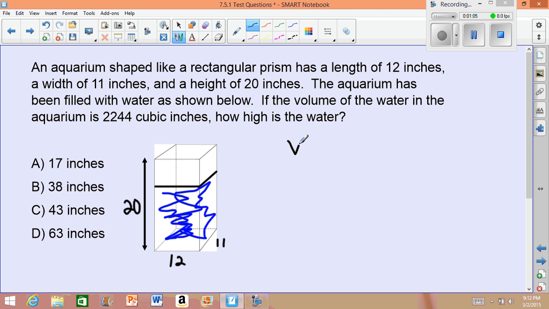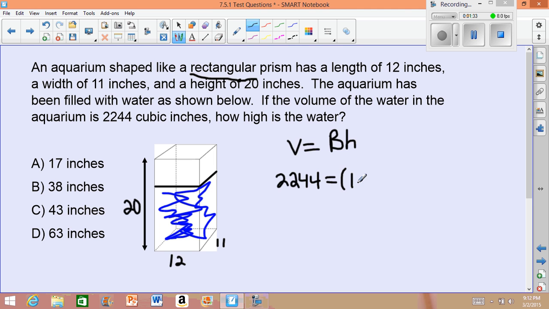So we have volume equals big B times H. We have a rectangular prism, which means the base is a rectangle. So we know a couple of things. We know the volume is 2,244. And we know that the base is a rectangle, so that's length times width.